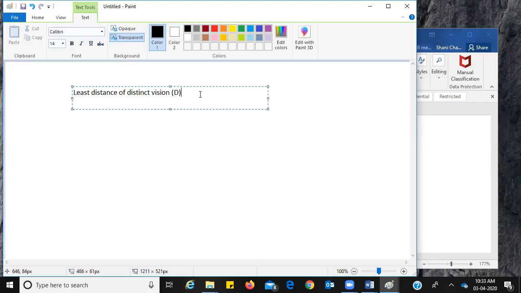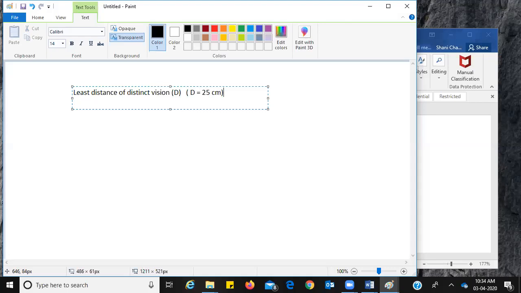It varies with defects of the eye, person to person, age, but the average for a healthy human eye, the value of D is estimated as 25 centimeters. Means the visibility starts from 25 centimeters. If the object is placed at less than 25, it won't be clear to us.